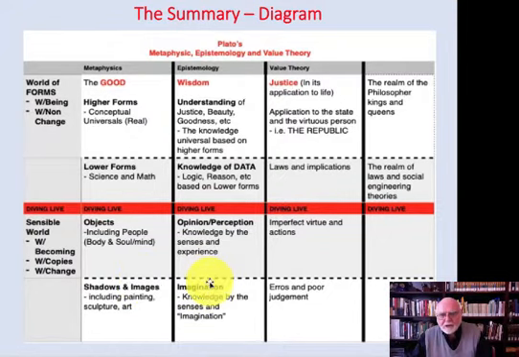When we come to epistemology, there is not only a vertical relationship, but a horizontal one. With the higher forms, we use them to know what justice and beauty and wisdom are. They're categories. And with the lower forms, the scientific forms, we use those to assemble data.